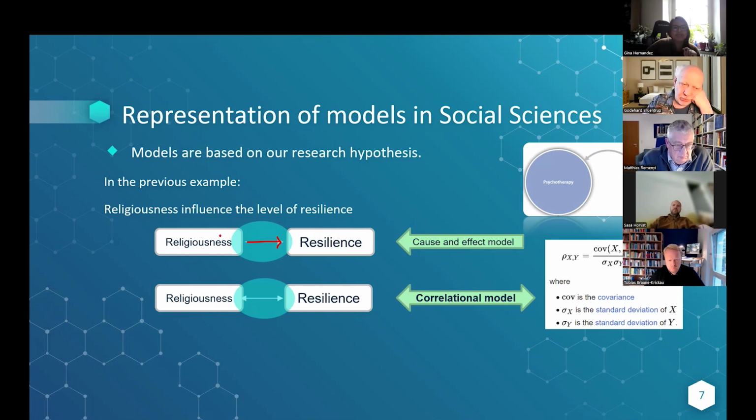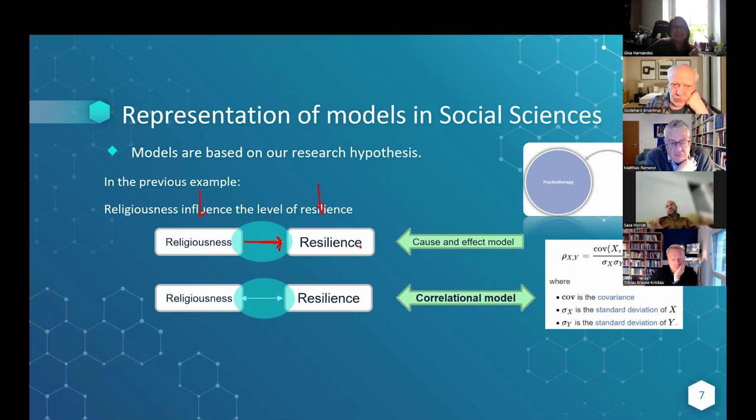I can have this square, and I can have this arrow with one direction, right? And I can have the other variable here. When I am talking about inferential statistics, I have an outcome variable and a predictor variable, okay?